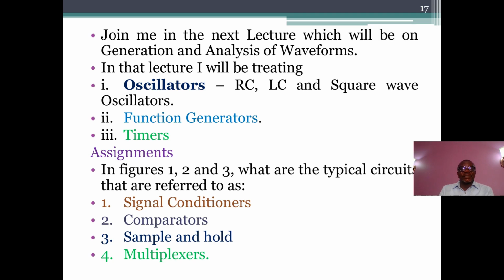So we'll be looking at oscillators to see how these signals start and generate on their own. So it is very important for us to know the conditions for oscillation to take place. And while doing that, we'll be looking at the RC, LC, and square wave oscillators. We also look at function generators and timers.